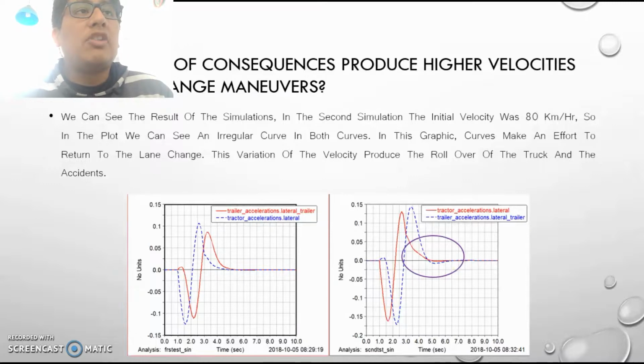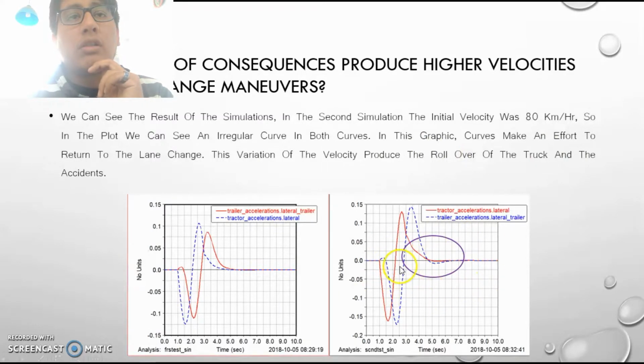What kind of consequence produce higher velocities in lane change maneuvers? In this case, we can see the result of the simulations. In the second simulation, the initial velocity was 80 km per hour. So in the plot, we can see an irregular curve in both curves. In this graphic, curves make an effort to return to the lane change. This variation of the velocity produces the rollover of the truck and accidents. In the first plot, it's a normal variation of the curves.